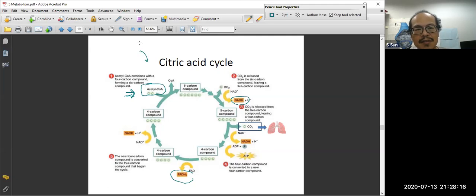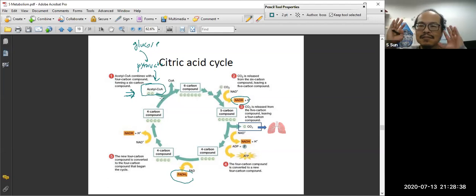Everything else, glucose, needs to become pyruvate. And then pyruvate will form the acetyl-CoA. Okay, so that is this one here. So once you become the acetyl-CoA, you enter into this citric acid cycle, then you get on the train and go through this process. Enter this machine and start to produce NADH and FADH2, and the electron transport chain produces ATP.